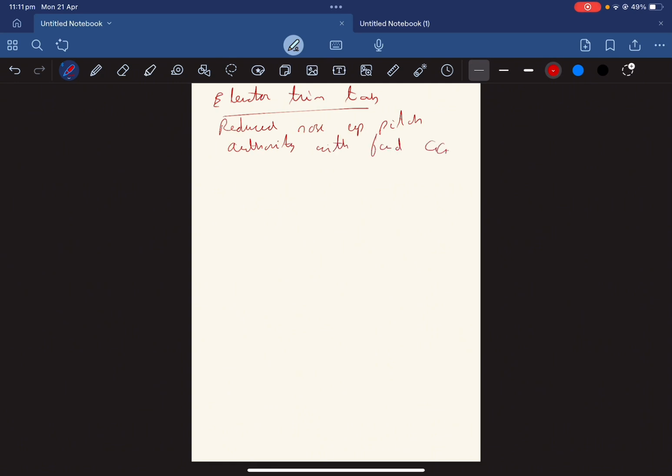So what does this mean? Let's say this is your elevator, your control surface, and this is your trim tab. Let's say the total it can move is 10 degrees up and 10 degrees down, so the total is 20 degrees.